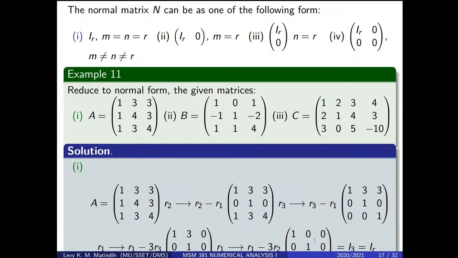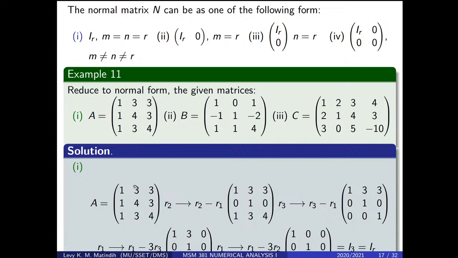So what we are going to get at the end of the day is the 3 by 3 identity matrix. I think I need to make an editing on these notes. So we are going to have 1, 0, 0, 0, 1, 0, 0, 0, 1, which is an identity matrix of order 3, which we can also write as I_R. So after applying elementary row operations on the matrix A, we reduce it to an identity matrix.